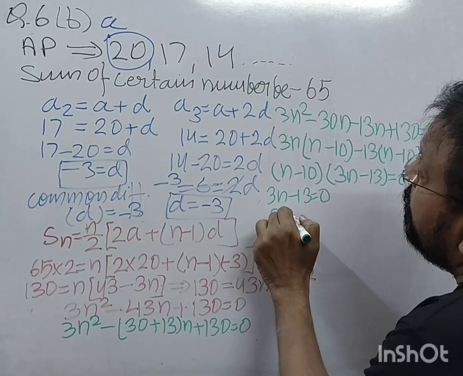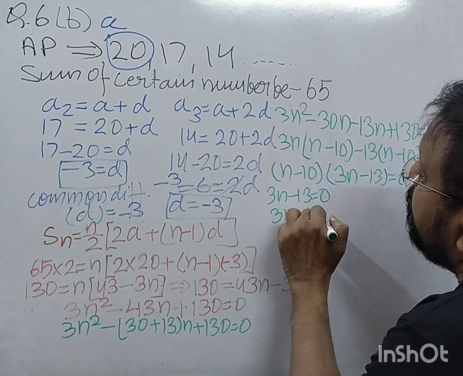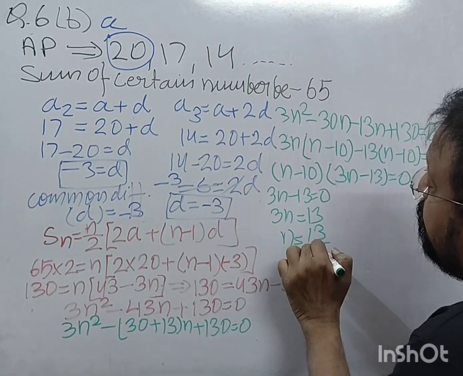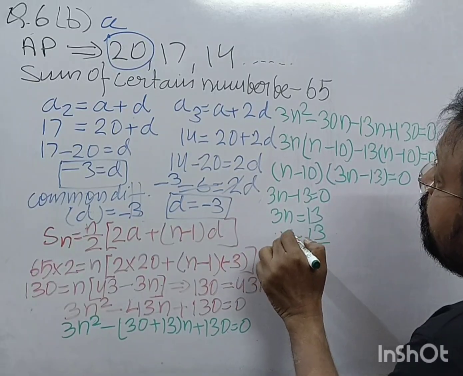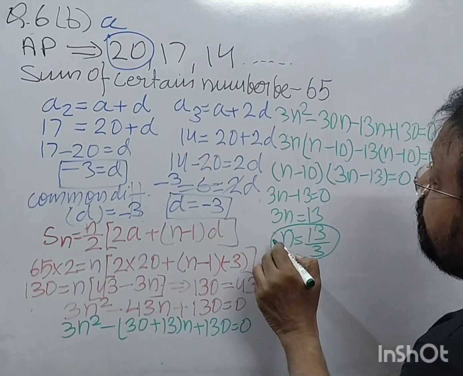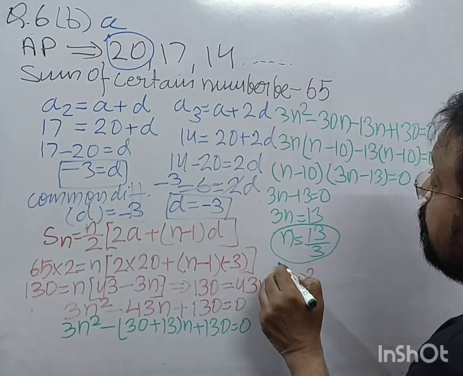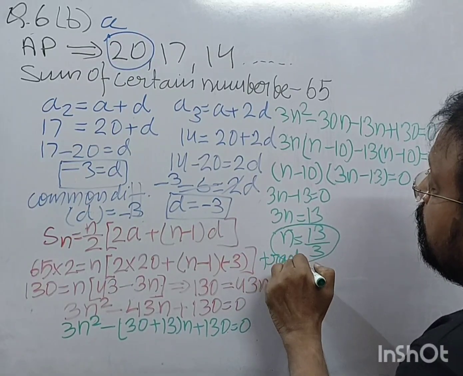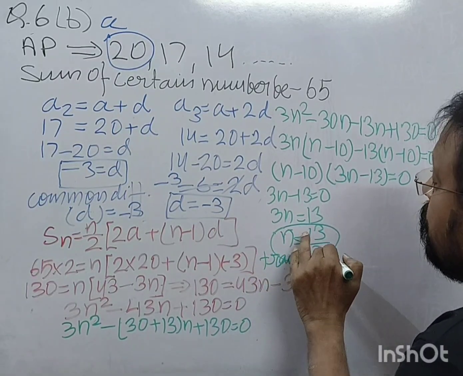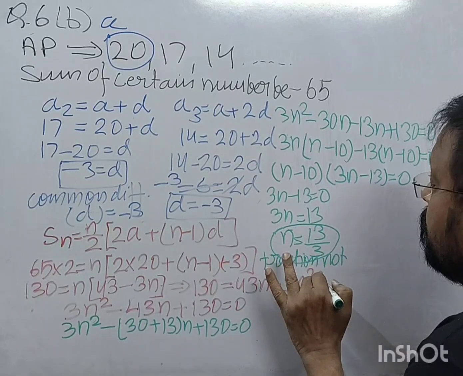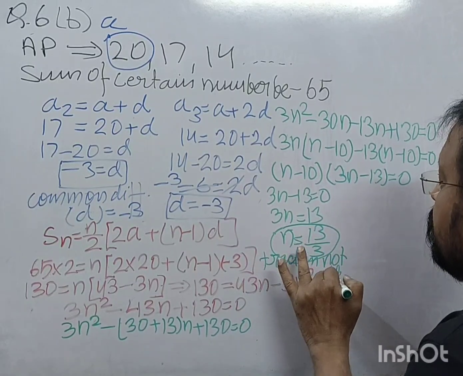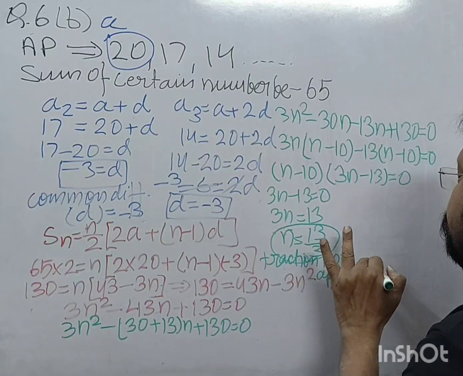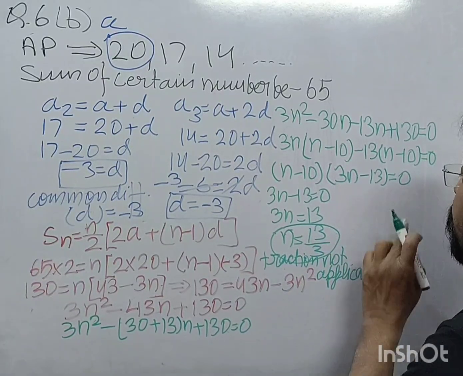So 3n is equal to 13. So n is 13 by 3. So it is a fraction, and a fraction is not applicable.